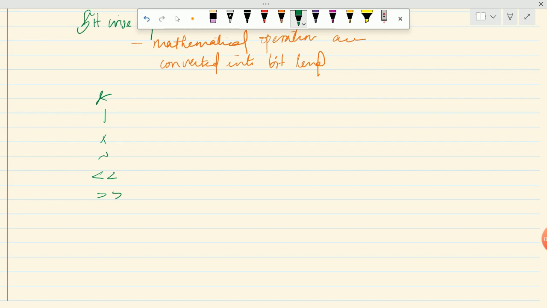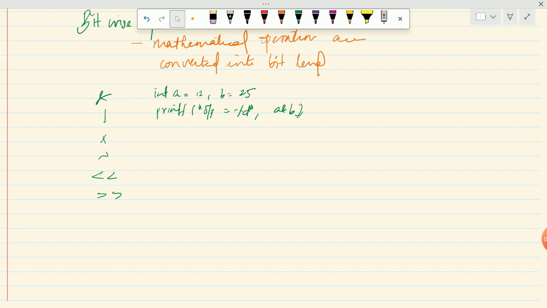For example, int a is equal to 12 and b is equal to 25. Print the output: printf output equal to percentage d, a ampersand b.